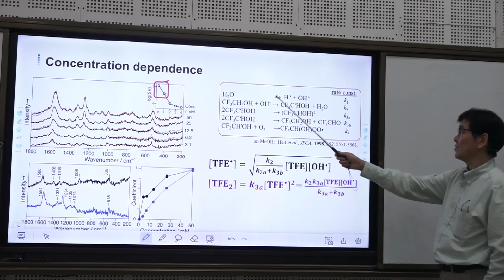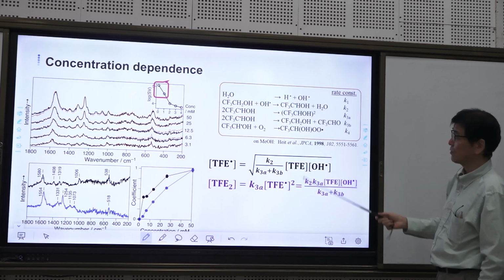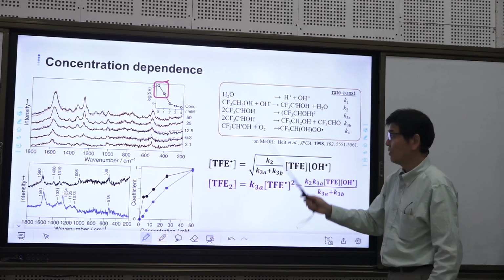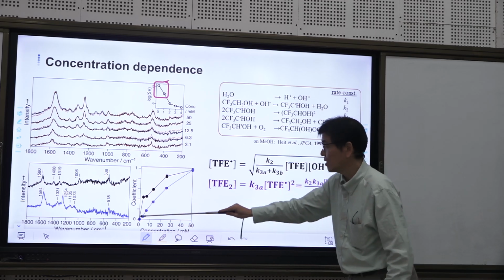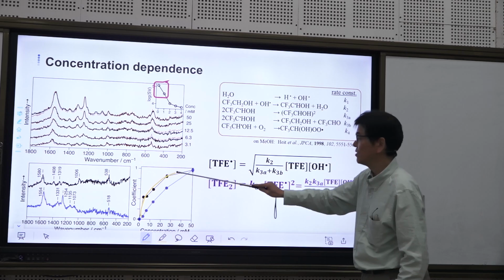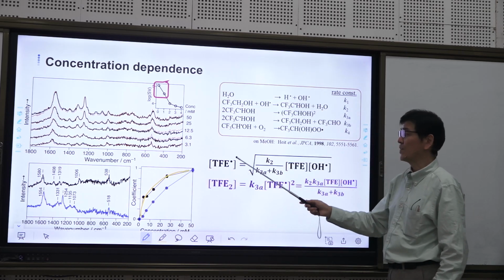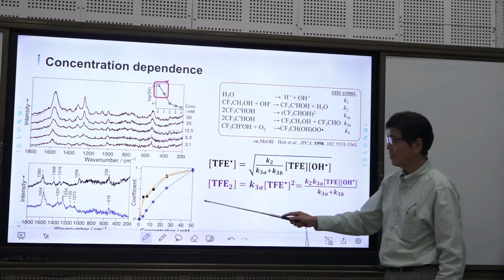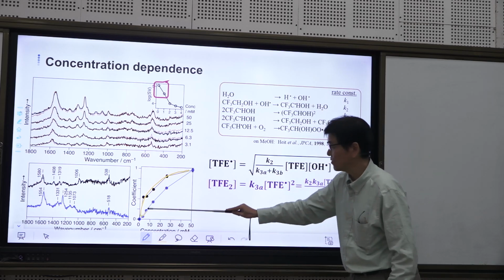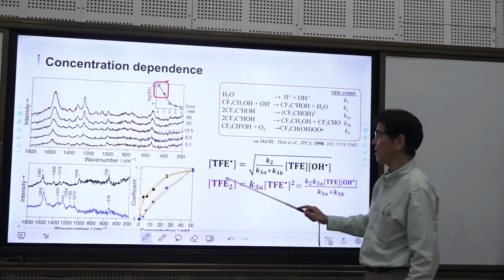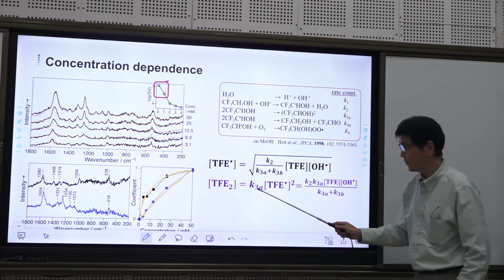And by referring to some literature, we concluded this curved species should be monomer radical anion. The linearly increasing component is dimer species.